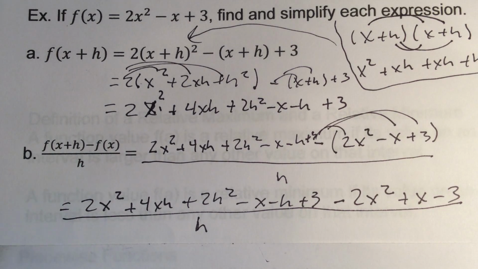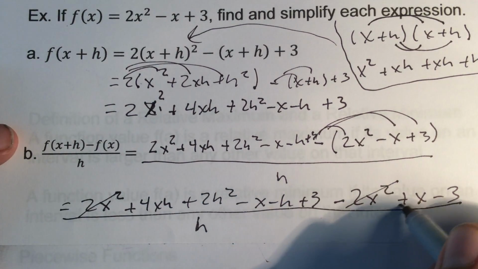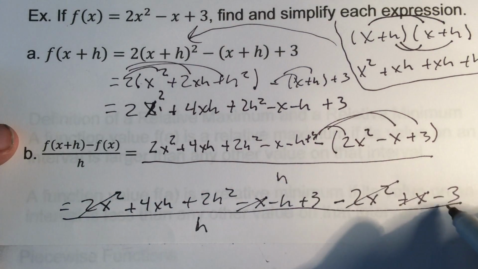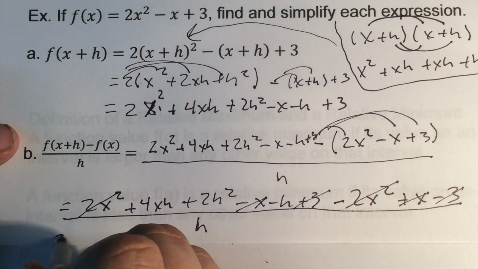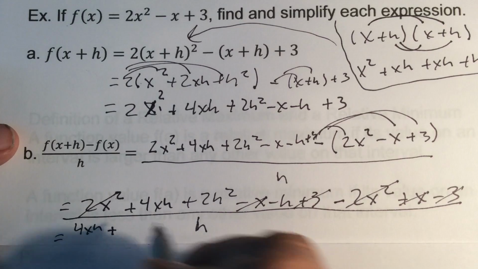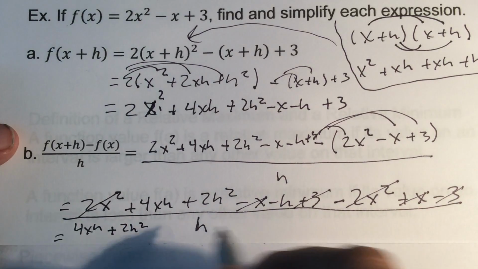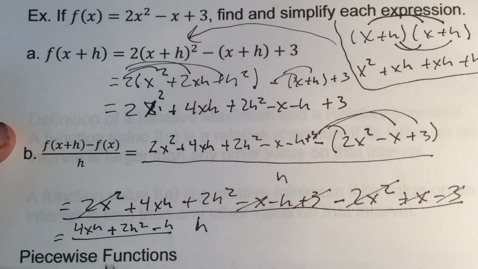So, it gets to be a lot, but now we can start reducing. The key here is everything that doesn't have an h should cancel out. If it doesn't, we have to go back and check our math. So, I have a positive 2x squared and a negative 2x squared. Plus x minus x, minus 3 plus 3. So the only thing I have left is 4xh plus 2h squared minus h, all over h.